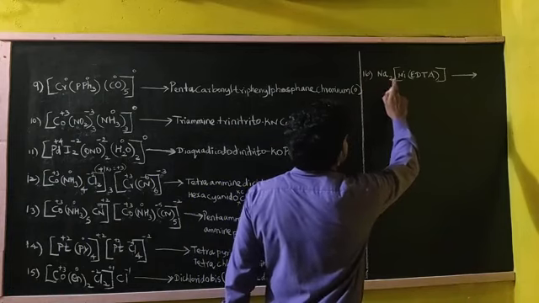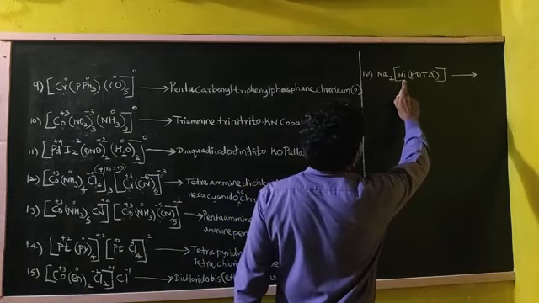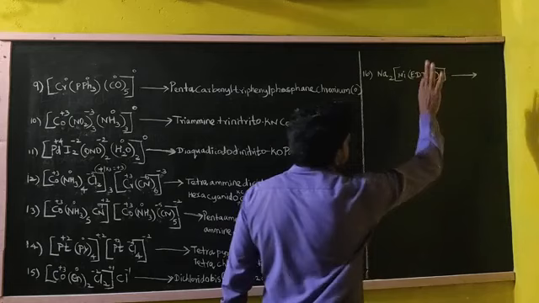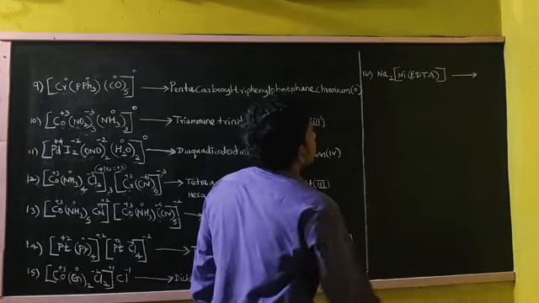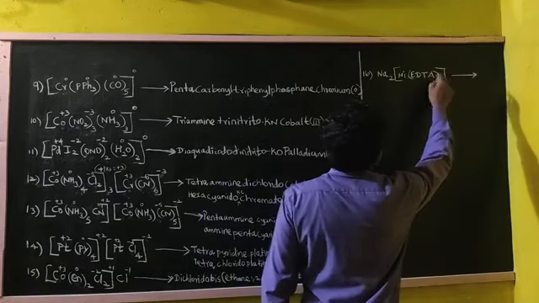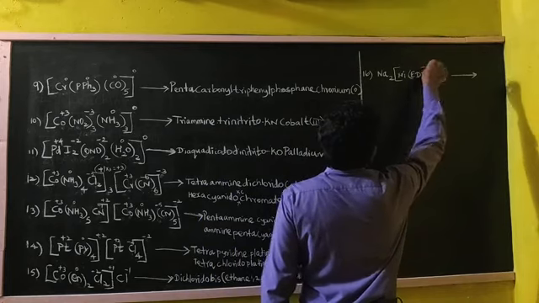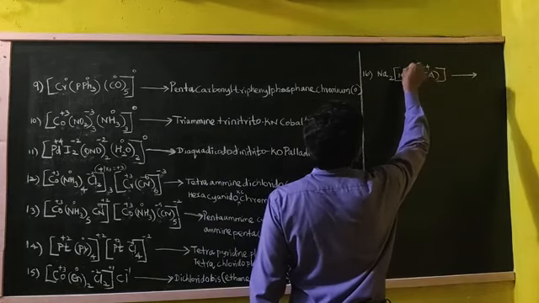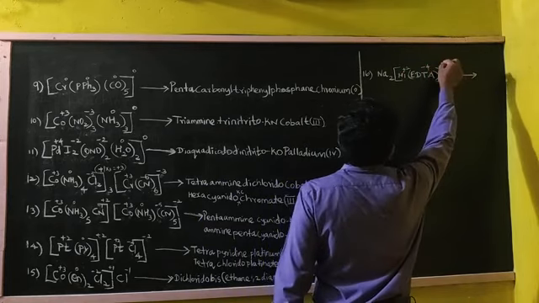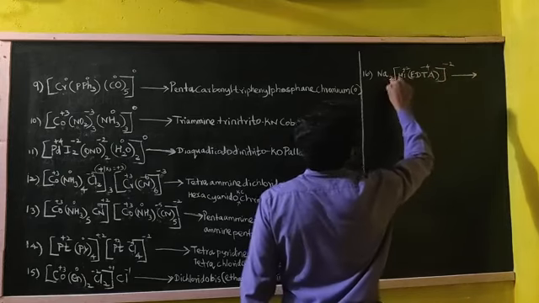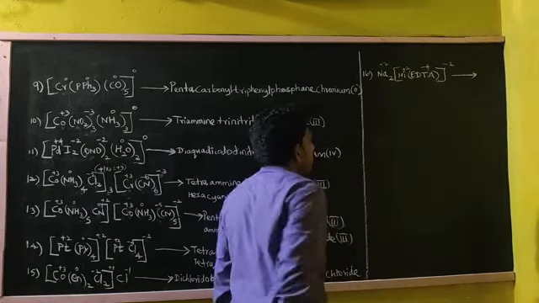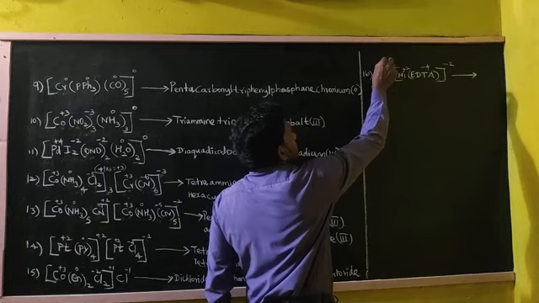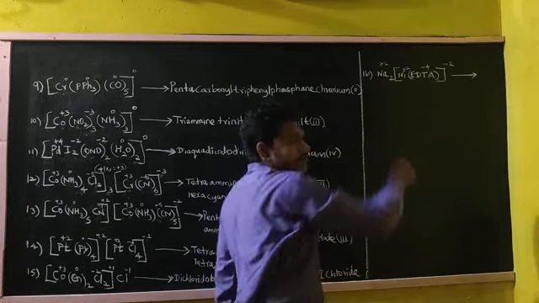The last one, the 16th coordination compound: Na2, inside the bracket nickel, EDTA is given, and close the bracket, right? So here the charge of EDTA is -4, right? So nickel charge +2. So totally coordination sphere charge -2. Here 2 sodium, totally +2, right? So we can write. So what kind of rules? Positive must be written first.